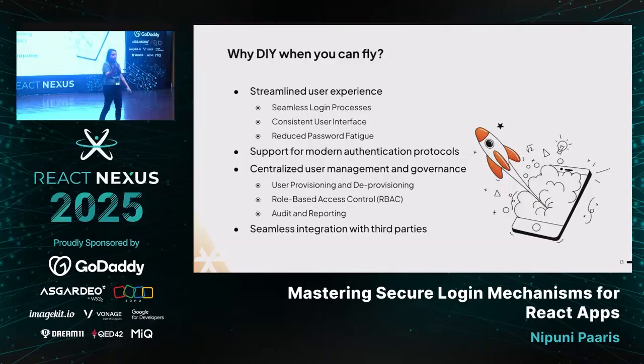And again, as we talked about in our previous slides, most of the identity providers out there seamlessly integrate with vendors like Google, Microsoft, Apple, GitHub, you name it, they have it.